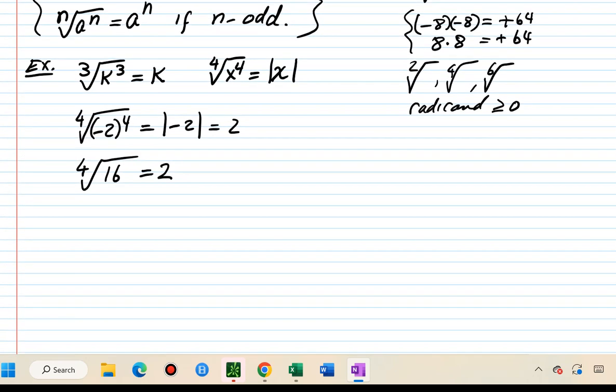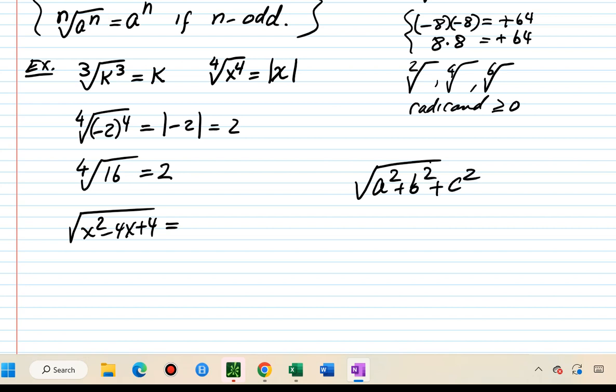What if I have something like this one? Suppose I have the square root of x squared minus 4x plus 4. How are we going to work this one? For this one, we cannot take individual roots. For example, if I have a squared plus b squared plus c squared, I cannot say that's a plus b plus c.